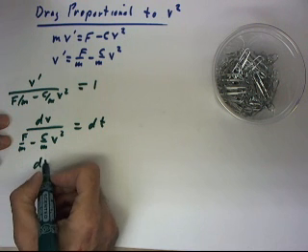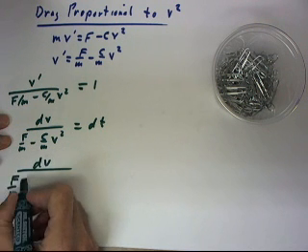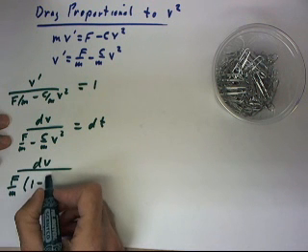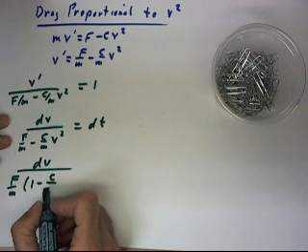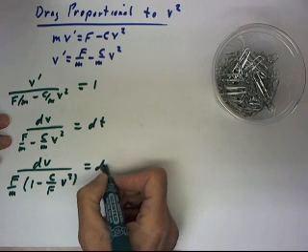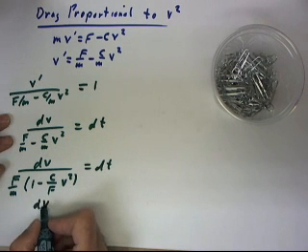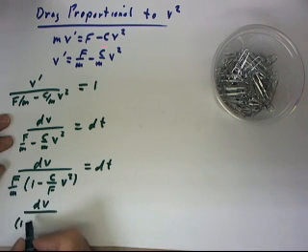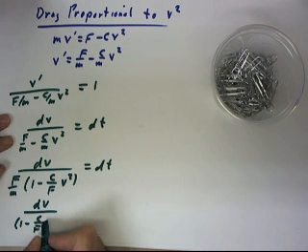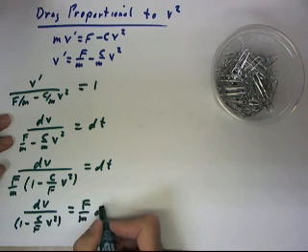We obtain dv divided by f over m times 1 minus c over f times v squared equals dt, giving us the equation dv over 1 minus c over f v squared equals f over m dt.